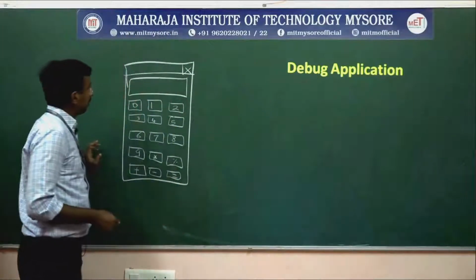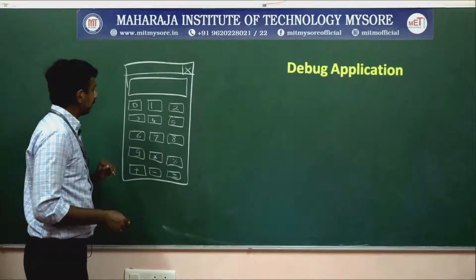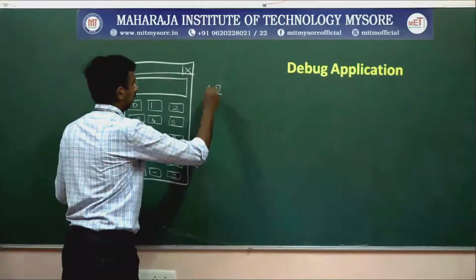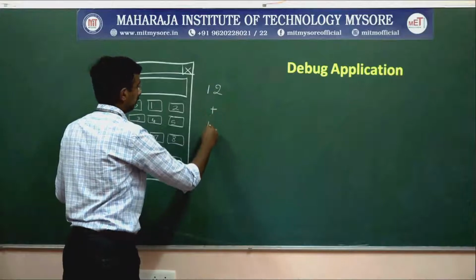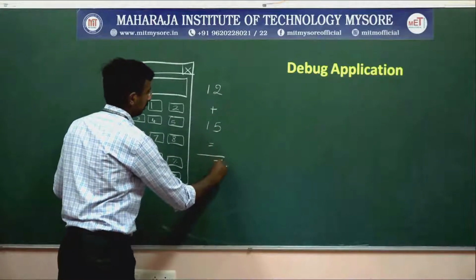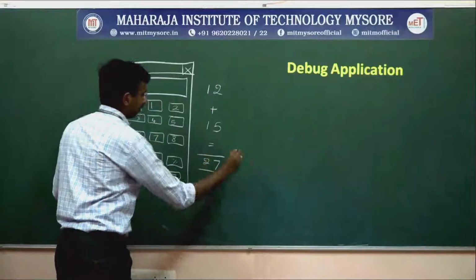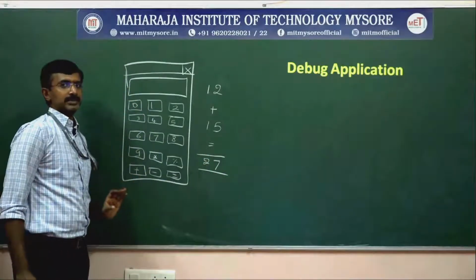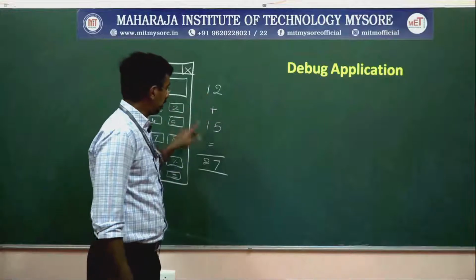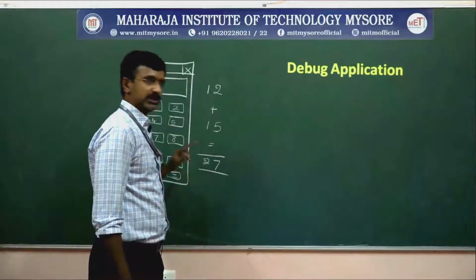With this application, what you are supposed to do is say 12 plus 15 equals 27. So this is what is expected. Do observe, this is operand 1, operand 2, and this is the output.